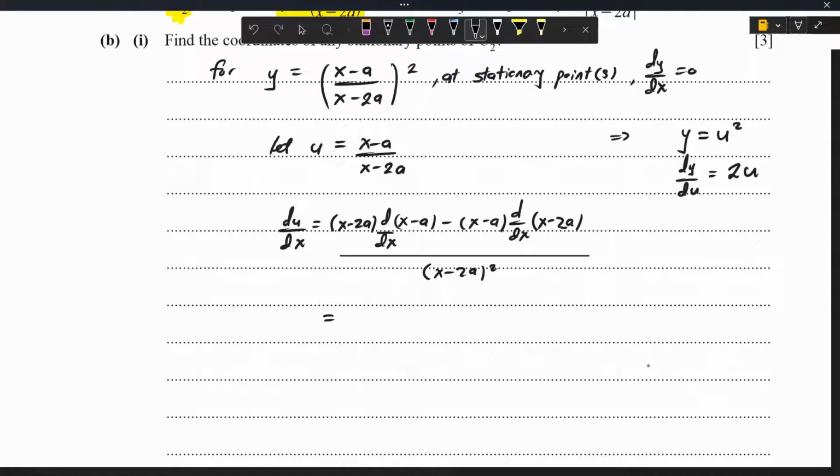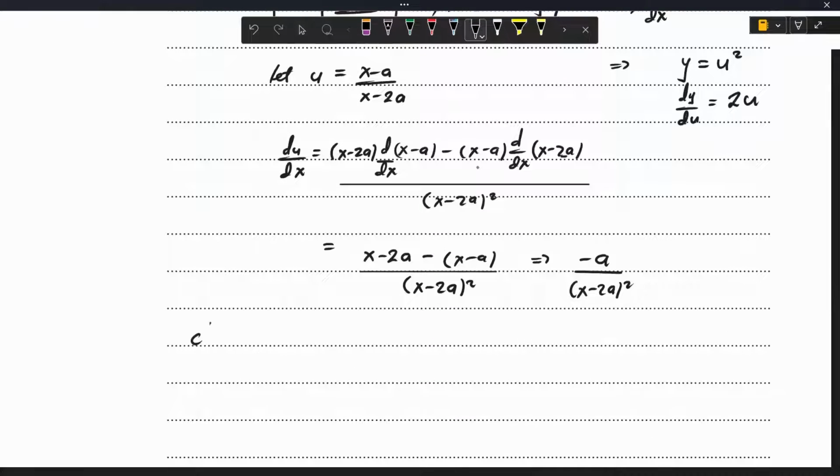So differentiating this part, we get 1. So we have x minus 2a minus x minus a, of, differentiating this part, we get 1 as well, over x minus 2a squared, okay? Which simplifies to here, x minus x is 0. Then minus 2a minus a is minus a. So we have minus a over x minus 2a squared.